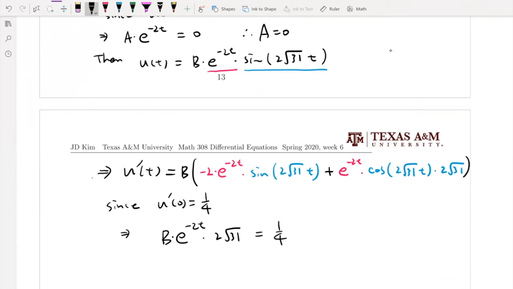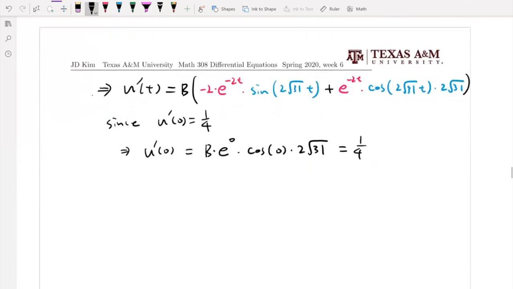Oh, sorry. e to the 0 equal to 1 as well, right? Then we can rewrite this one this way. Let me rewrite everything. u prime 0 equals b times e to the 0 times cosine 0 times 2 square root of 31, which must become 1/4.